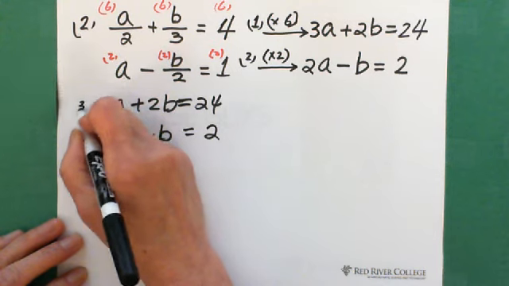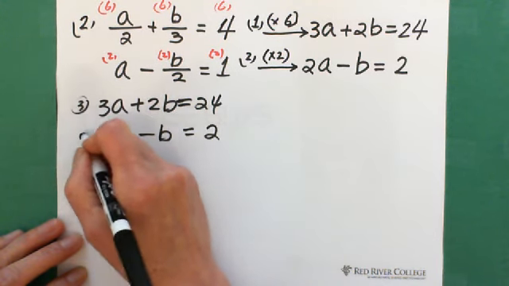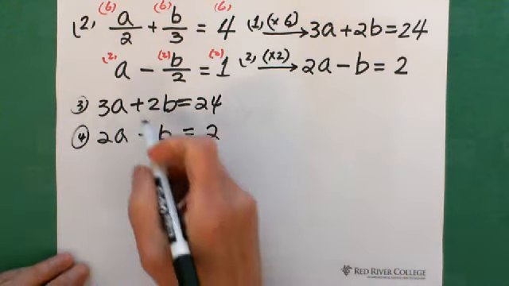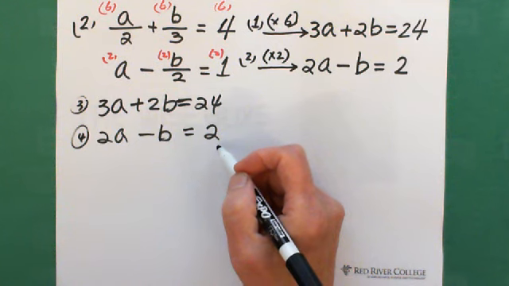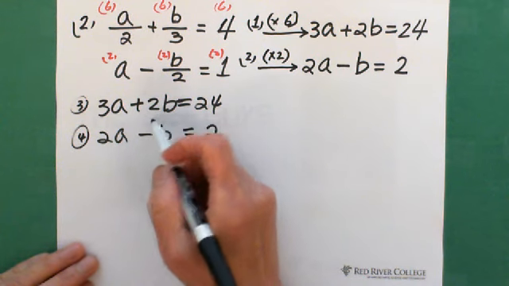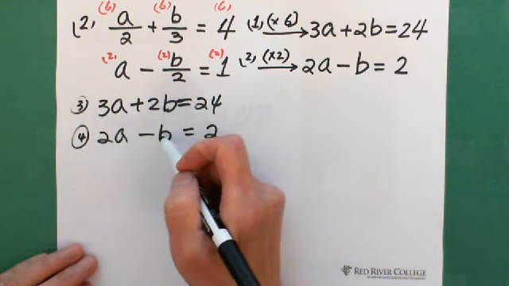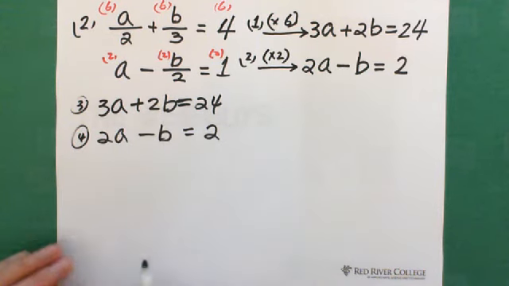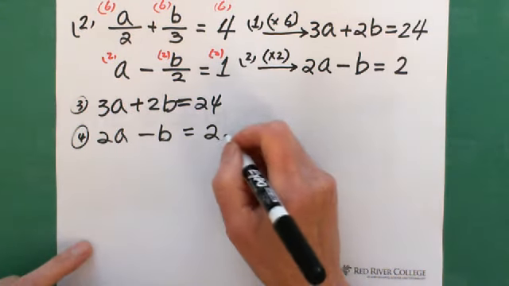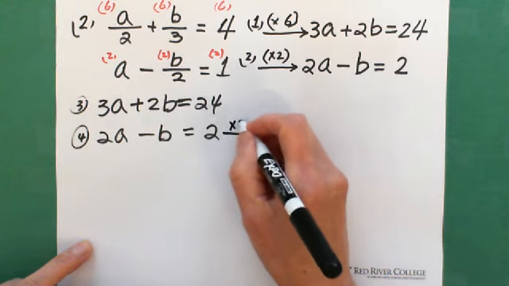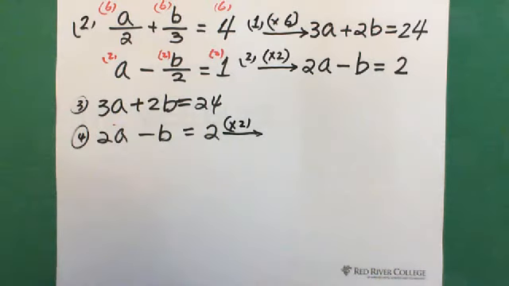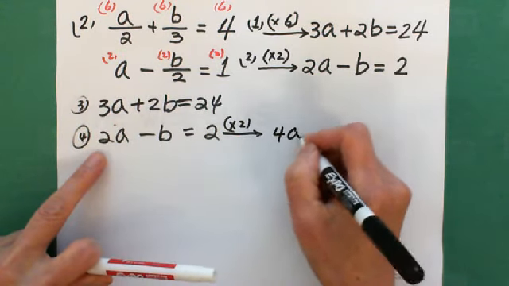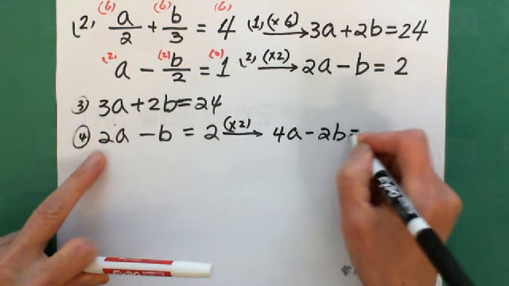We label these as the third equation and the fourth equation. To solve them, you can use any method, elimination or substitution. Now we use elimination. We multiply the fourth equation by 2 for each term, so we get 4a minus 2b equals 4.